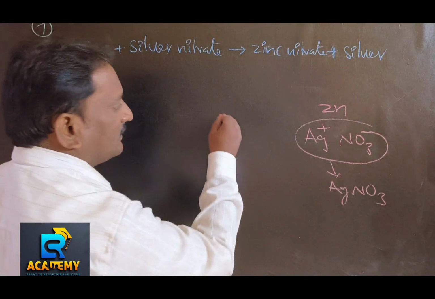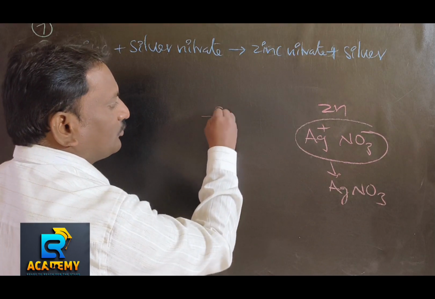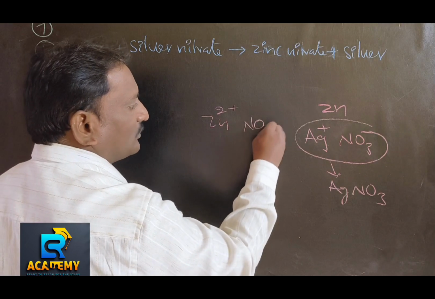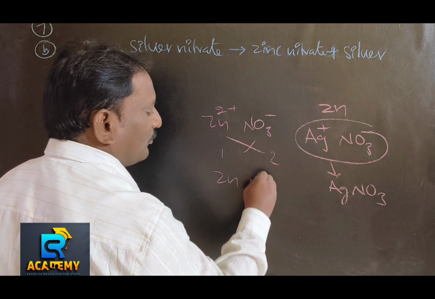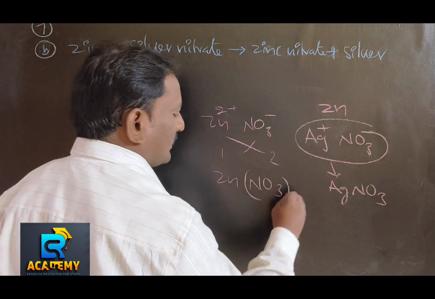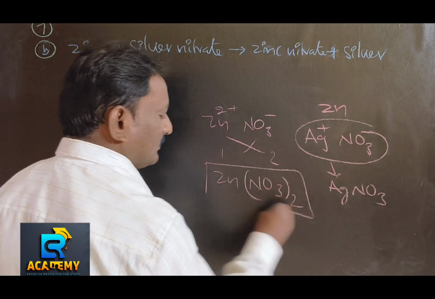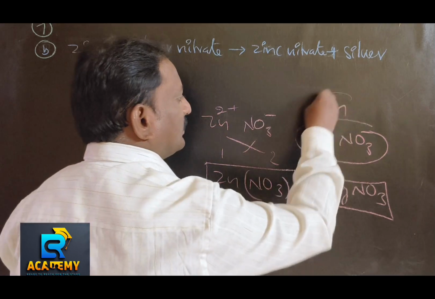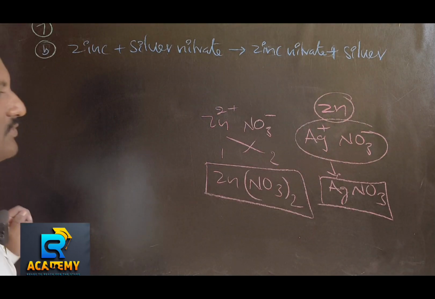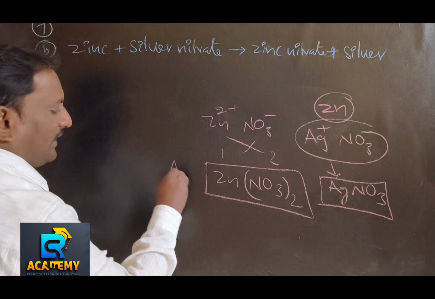Zinc nitrate: zinc ion Zn2 plus, whereas nitrate ion NO3 minus. 1, 2. Zn(NO3)2, nitrate taken twice, zinc nitrate. Next one is silver. Silver is Ag.